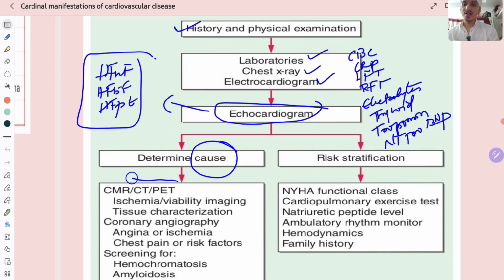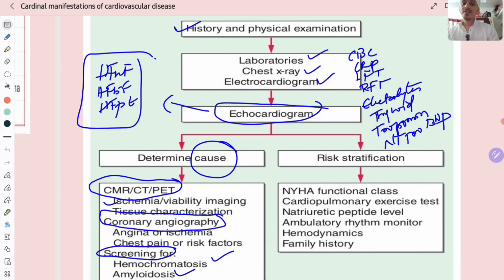By CMR, cardiac magnetic resonance, CT angiography or PET, so you will know whether ischemia is present or not. Then, important, coronary angiography you will do for angina or ischemia, chest pain or risk factors, and screening for hemochromatosis and amyloidosis.